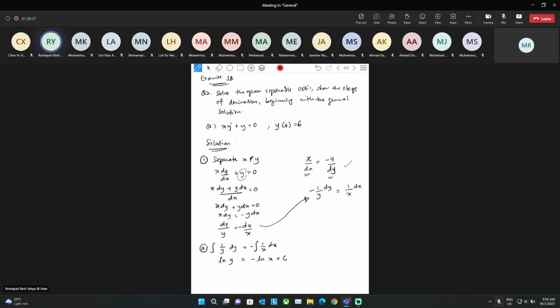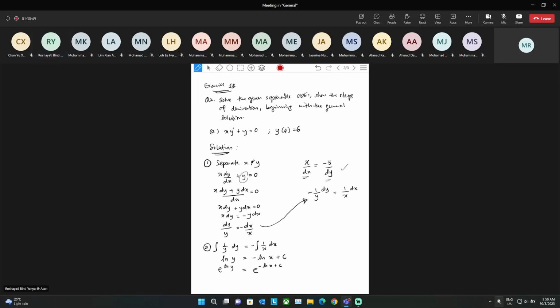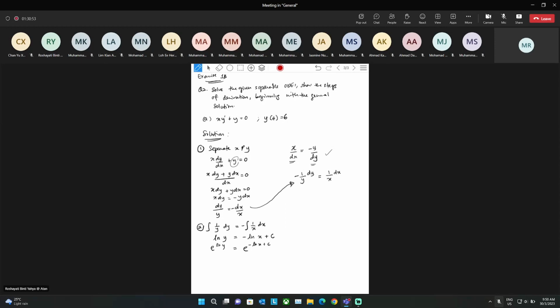So apply exponential because we want to get in form of y. So exponential ln y equal to exponential negative ln x plus c. Y equal to, so exponential ln x dapat x. Negative ln x dapat negative x, berapa? Tekan kalkulator.